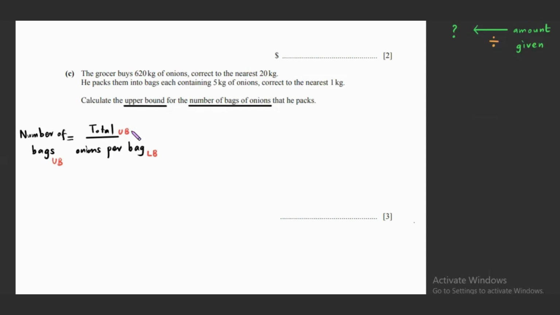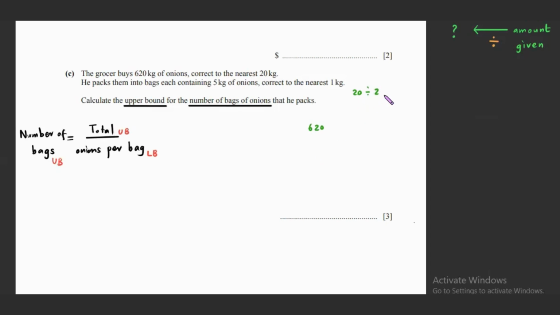Now to find this, the total amount is going to be 620 kilograms. The amount that it's being rounded to is given to us, which is the nearest 20. So I need to divide this 20 by 2, because whatever the amount to which it's being rounded has to be divided by 2 to figure out how much should be added or deducted to calculate the upper bound or the lower bound.